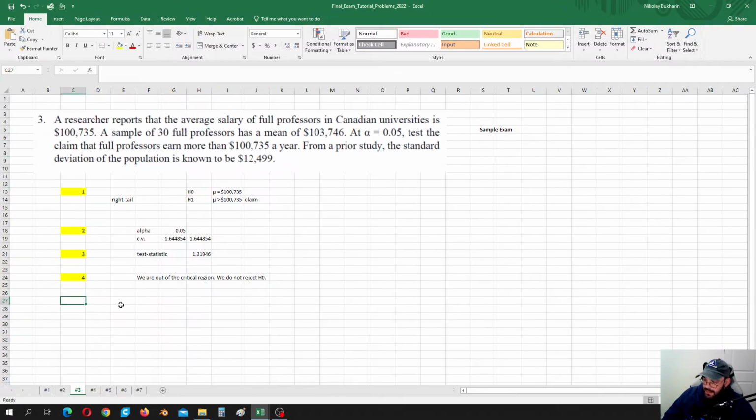And the last step, step number 5, is our conclusion. If we do not reject H0, we do not support our claim.